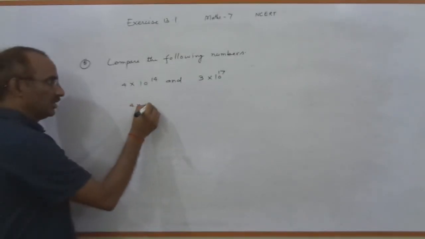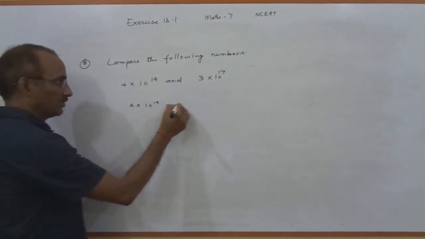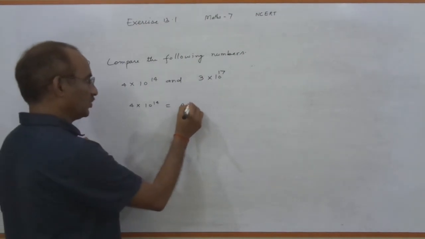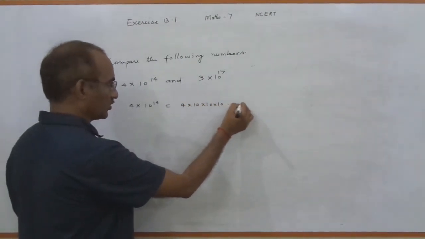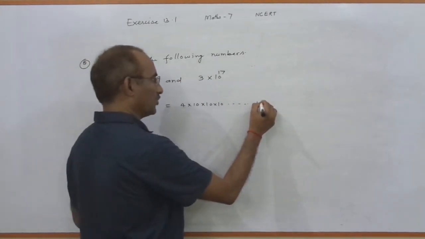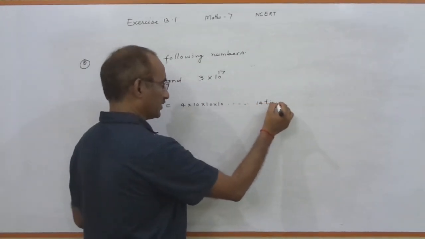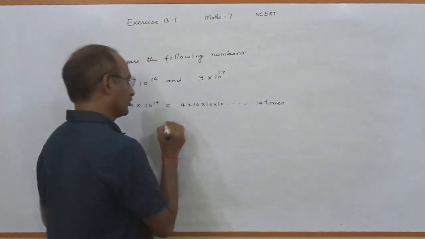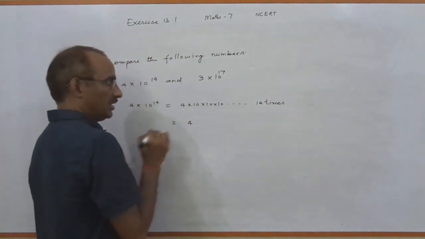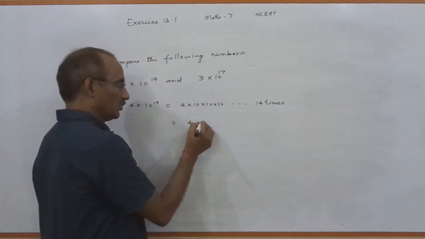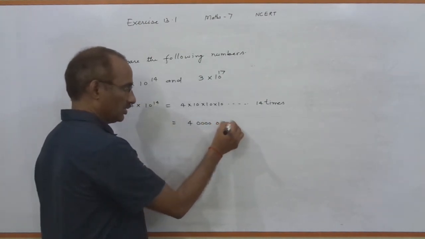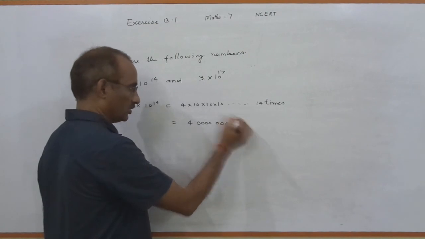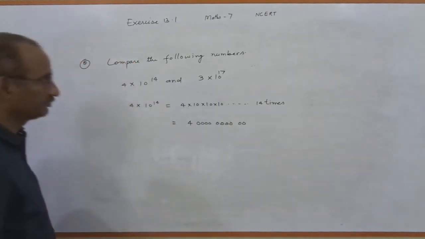Here we have 4 into 10 to the power 14, so it can be written as 4 into 10 into 10 into 10 and so on, 14 times. So it can be written as 4 and 14 zeros.